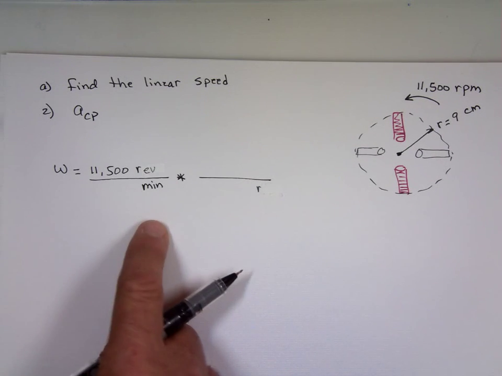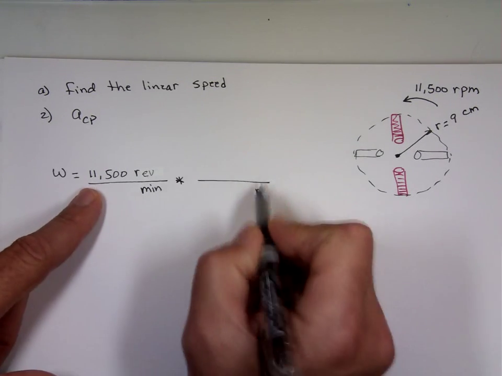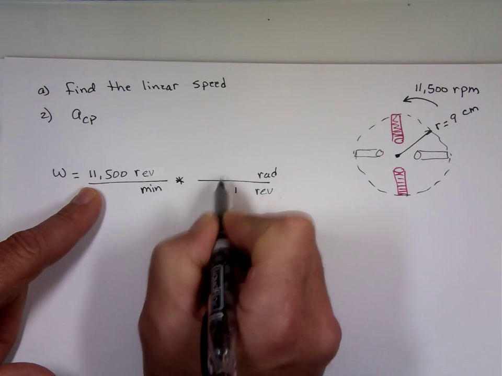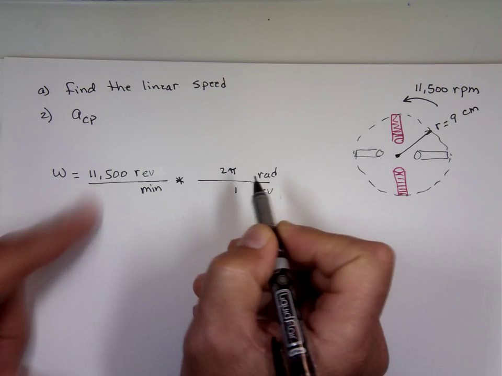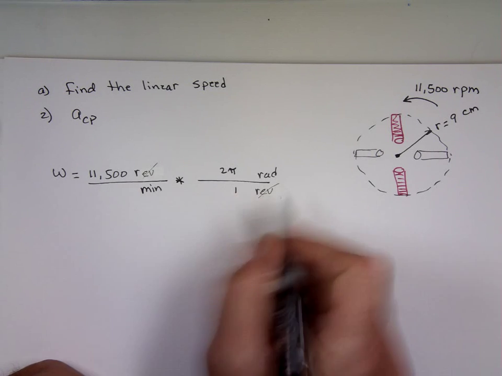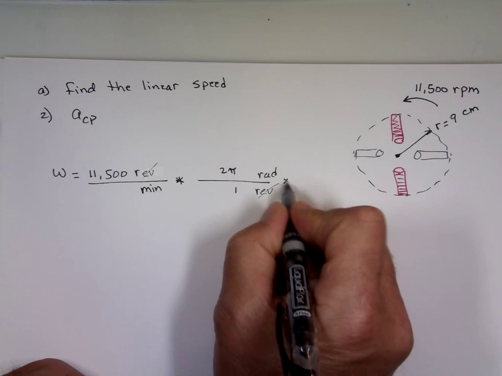Revolution per minute, that's what RPM is. So 1 rev equals how many radians? 2 pi. Rev cancels rev. I have radians per minute. I don't want it per minute, I want it per second.